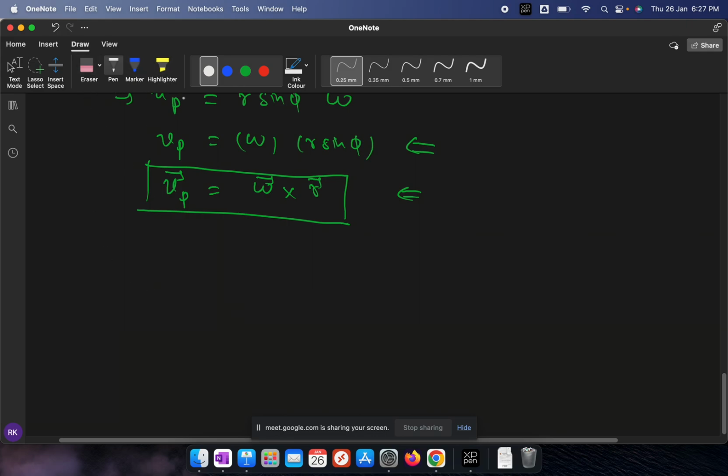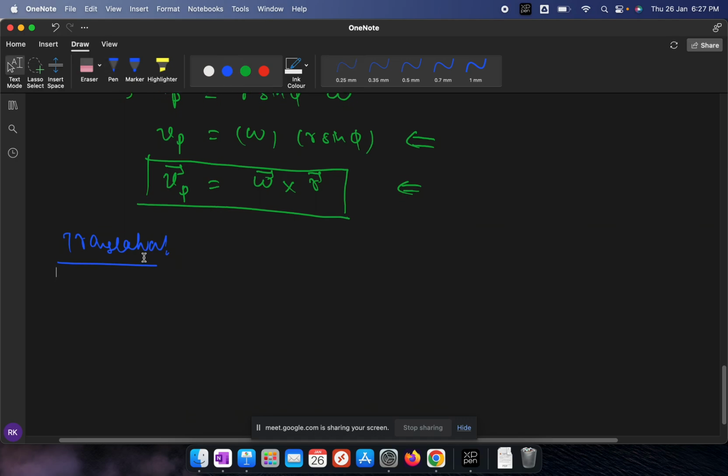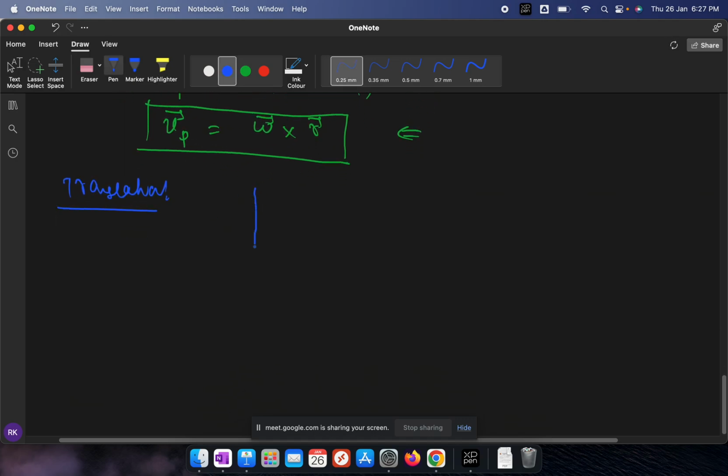What is happening inside the translation? Suppose I am drawing a coordinate axis where it is z, x, y, and there is an arbitrary body. In the arbitrary body, suppose there is a point A and a point B. The position vector of point A with respect to this coordinate axis is RA, and the position vector of B is RB.